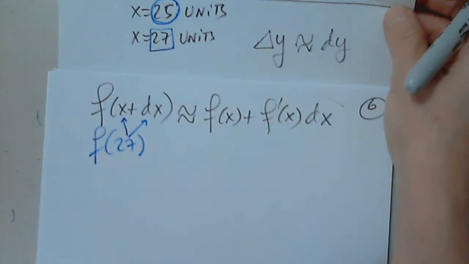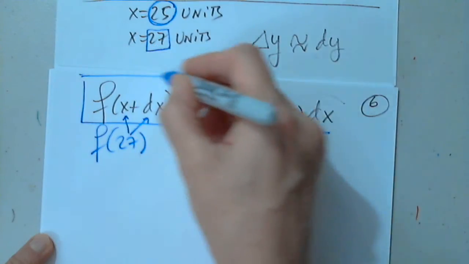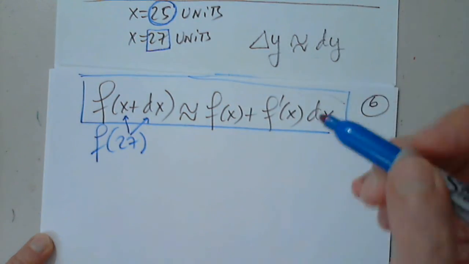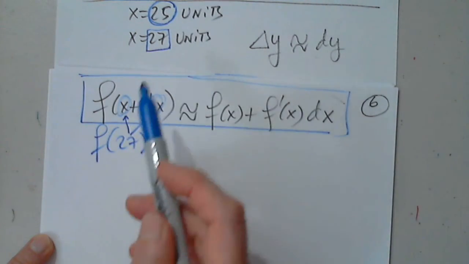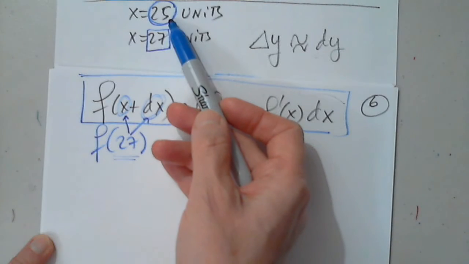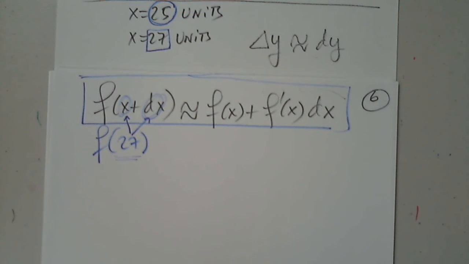But now we want to connect whatever we found here to 27. So I wrote the formula. That's our starting point. This is the first step we have to write. And now we only have to identify what is this and what is this, keeping in mind that we're talking about 27 and we started with 25. What do you think?